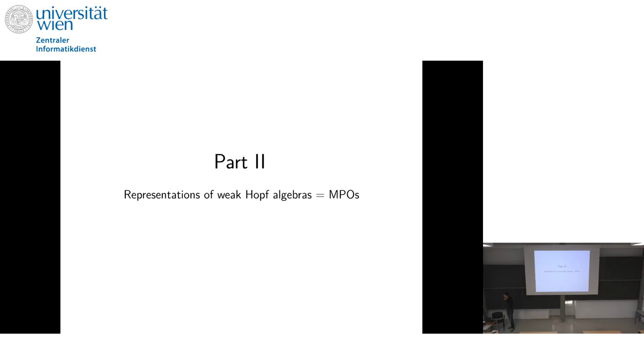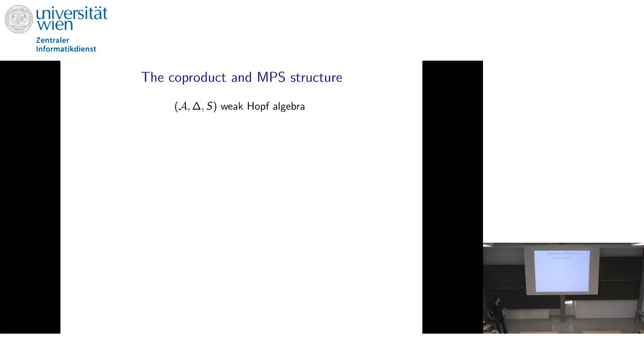So now that we are over that, I will talk about why representations of Hopf algebras are actually MPOs. Again, the underlying reason behind the MPO structure of these representations is simply the coproduct.